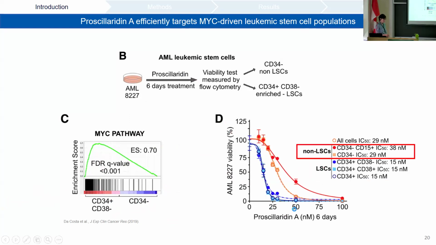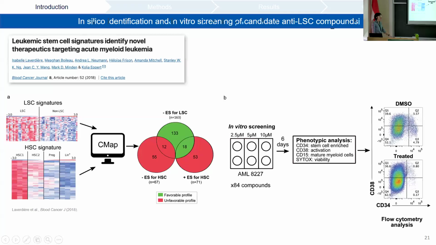So in parallel, our other collaborators performed an in silico identification of many anti-leukemic compounds that were able to target specific LSC signatures while not harming or enhancing HSC-specific gene programs.